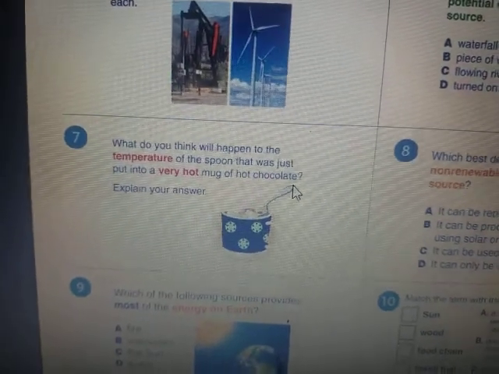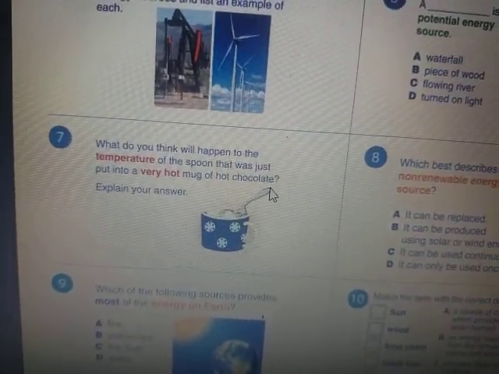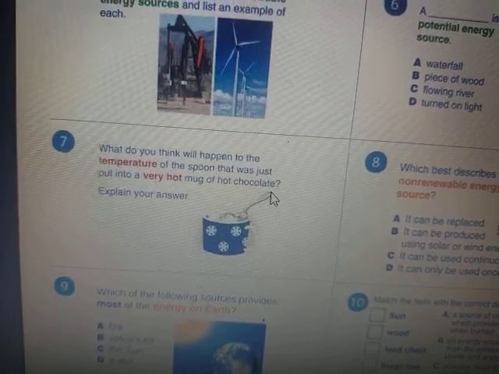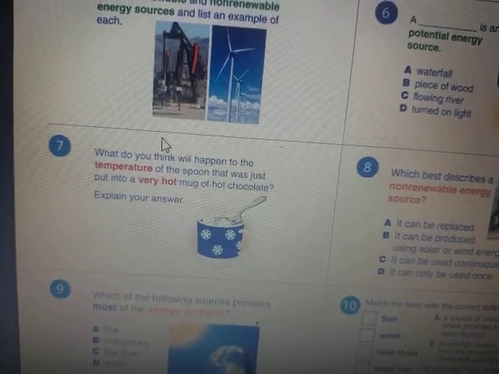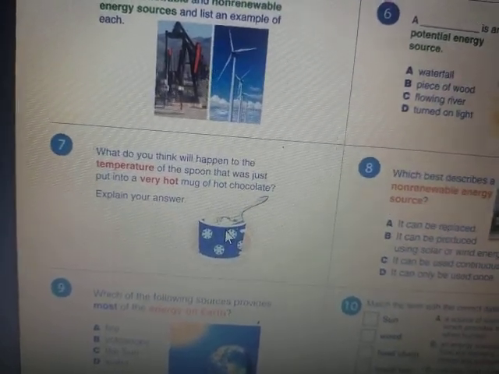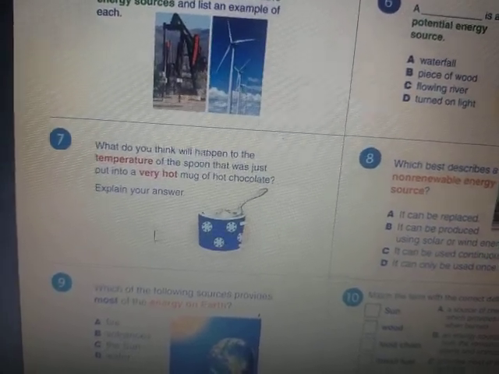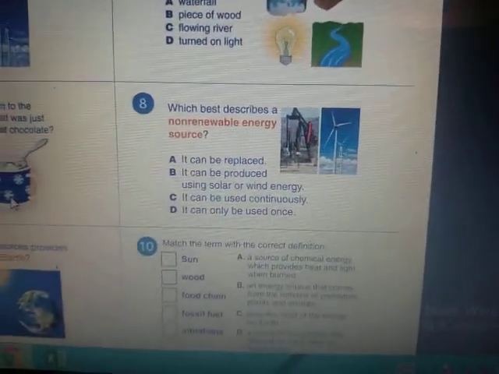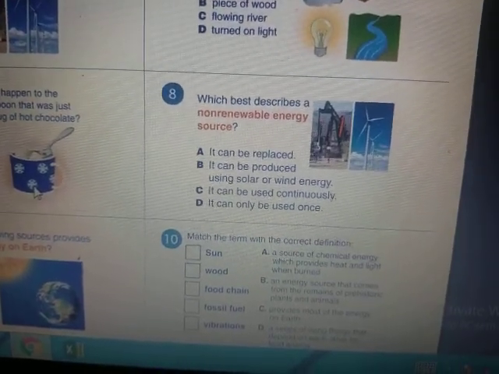Number 7, you quickly have to write, what do you think will happen to the temperature of the spoon that was just put in a very hot mug of hot chocolate? So what's going to happen when you put a spoon in a very hot mug of hot chocolate? What's going to happen to the spoon? The spoon will get, and you fill in the answer. Which best describes a non-renewable energy source?